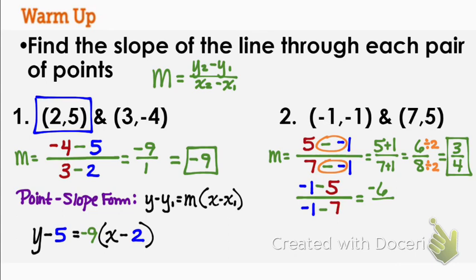What's -1 minus 7? -8. A negative divided by a negative gives me a positive. Look, I still got 6/8, which then I can reduce. I get the same answer no matter which order I do it in. You just have to make sure that the numbers that are on top of each other came from the same ordered pair. If you do that, it doesn't matter what order it happens in. Help me write an equation in point-slope form for this.